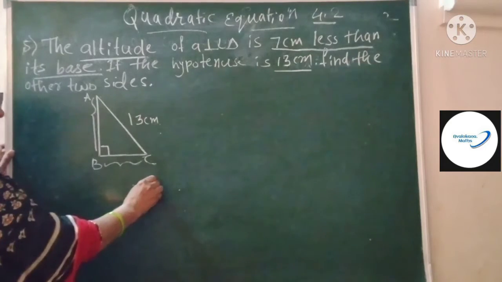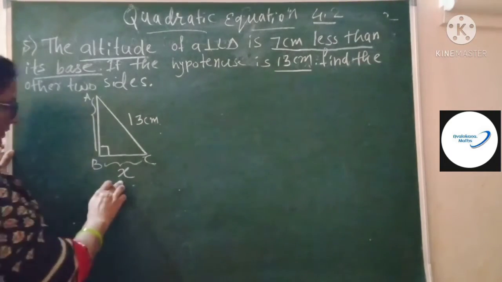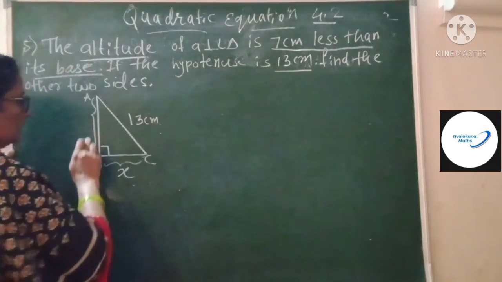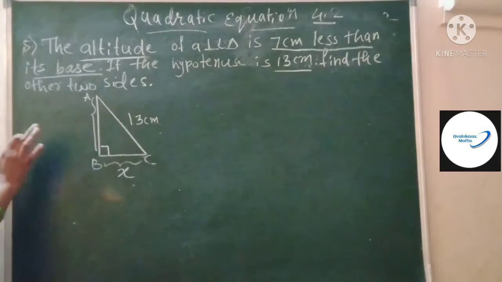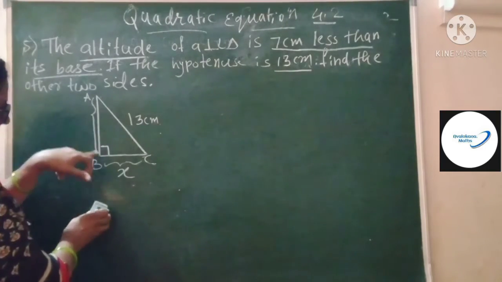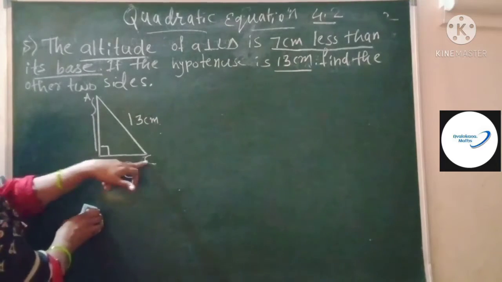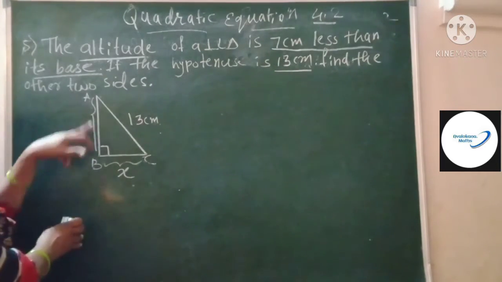We don't know the base, so we will take this one as x. Very simple. The height is 7 cm less than the base, so the diagram is not like this one, because in my diagram the base is looking smaller and the height bigger than the base.